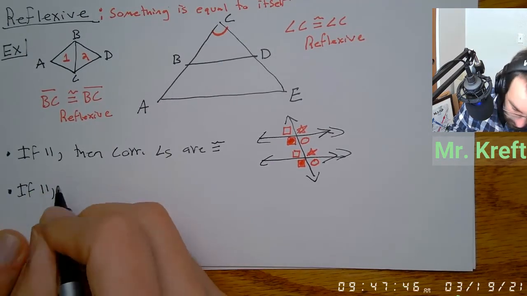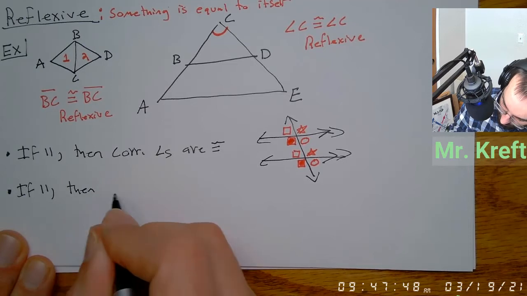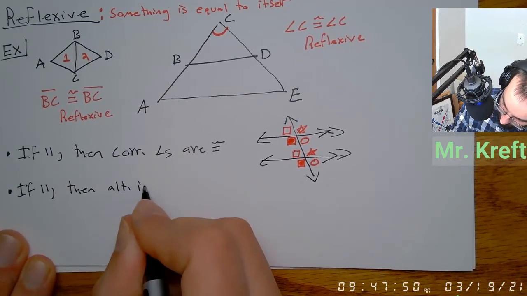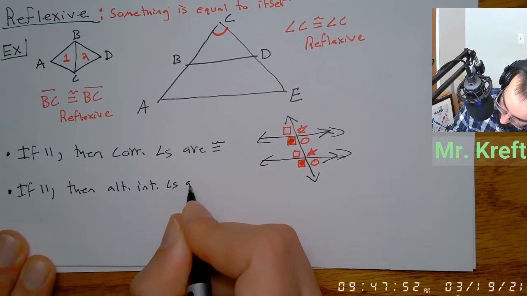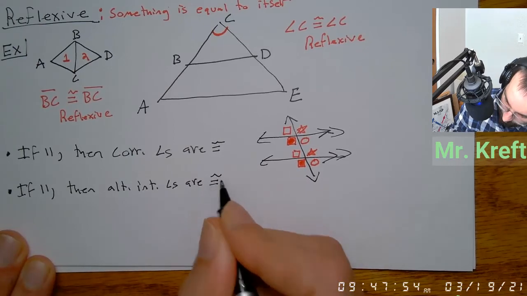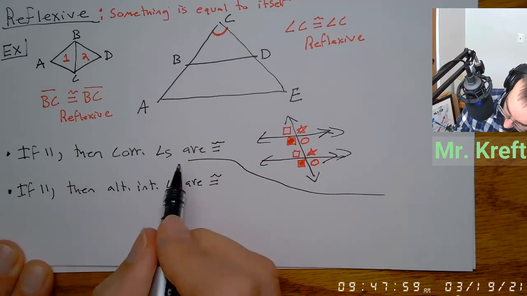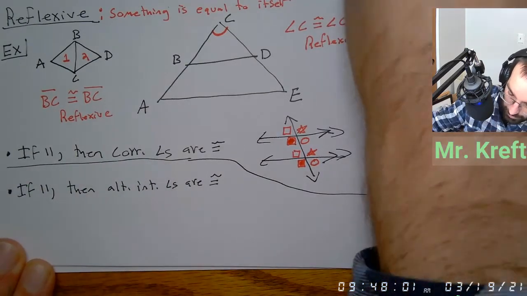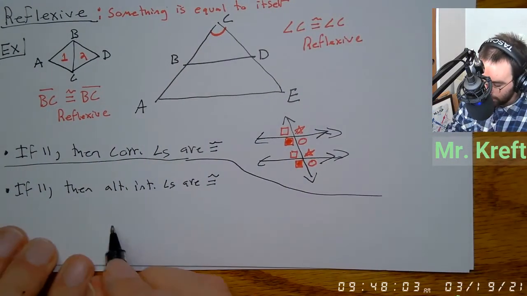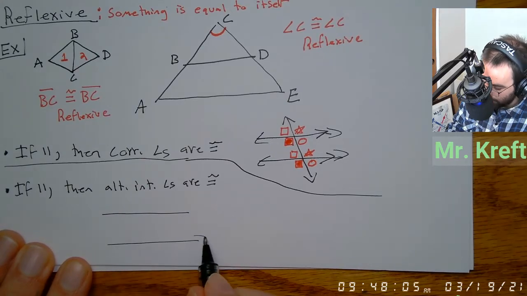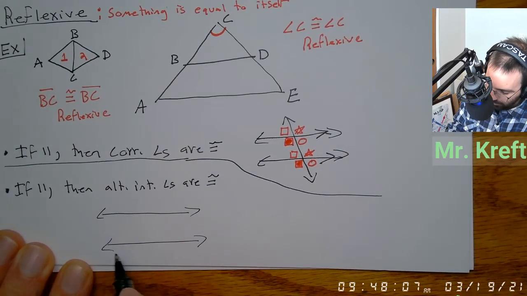So if parallel lines, then alternate interior angles. Okay, so sorry, I should go like this. That goes with that. Okay, so if I have alternate interior, then again, I'm going to draw a set of parallel lines. How do I know they're parallel?